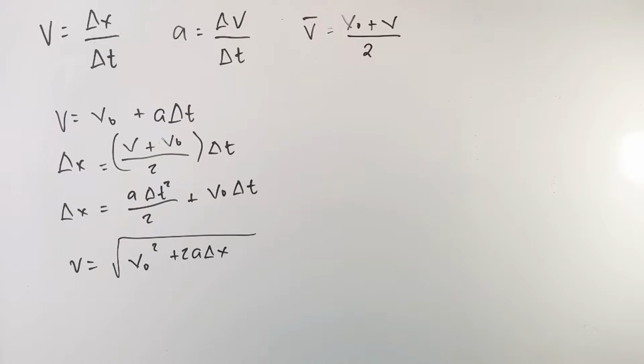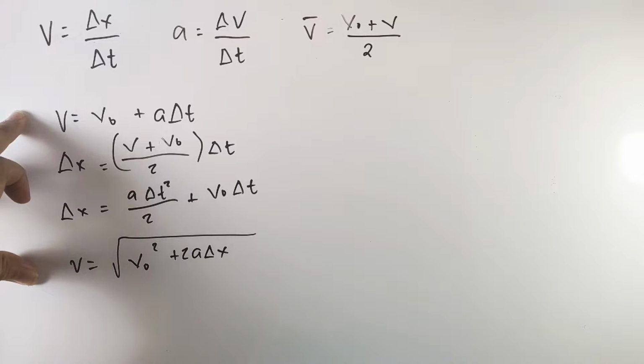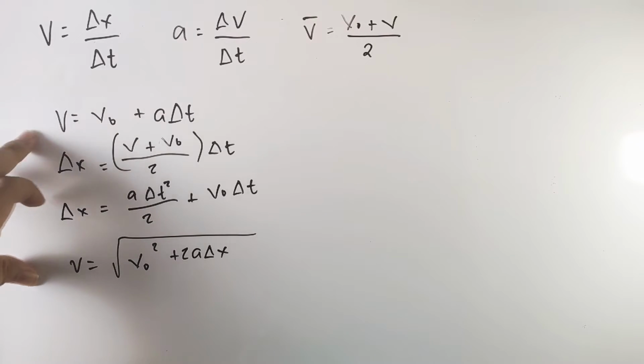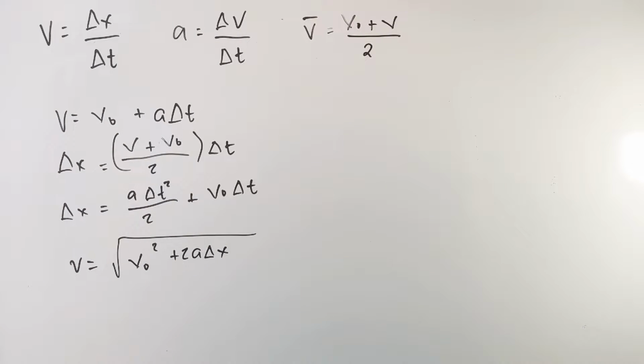If you're interested, I'll be making a separate video of the derivation of these four. But for now, I want you to take a good look at the equations that we're going to use and some tips of how we're going to use them. So later I'll be showing you 4 examples using each one of these kinematic equations.